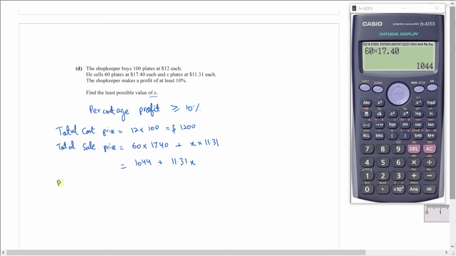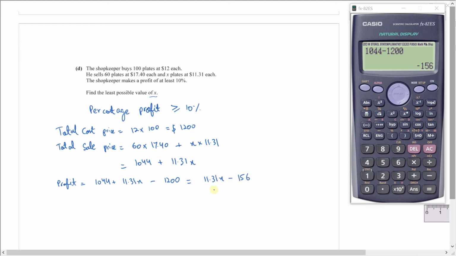And then we can calculate the profit. So profit will be the sale price, which is 1044 plus 11.31X, minus the cost price, which is 1200. So this will be 1044 minus 1200, which is minus 156. So this is 11.31X minus 156.